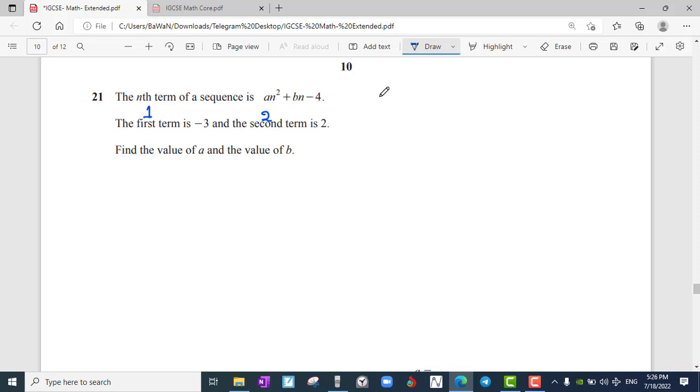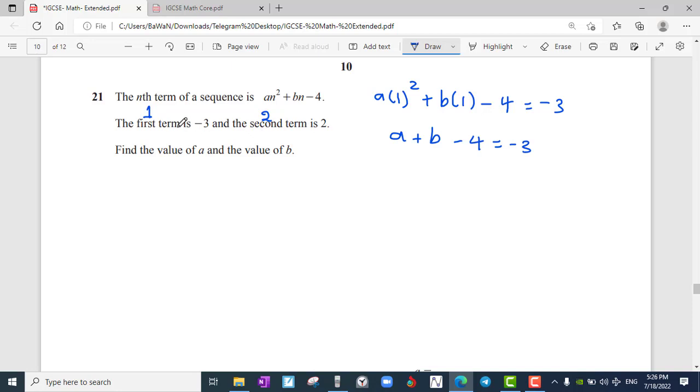Okay, if I replace n by 1, I will get a 1 squared plus b 1 minus 4 equal to -3. Simplified, it's a plus b minus 4 equals -3.